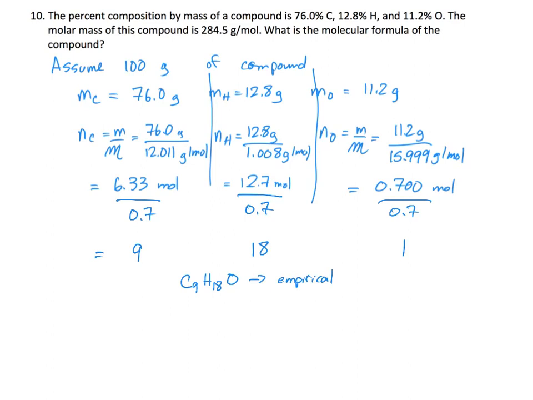But from the empirical formula, we can tell what the molecular formula will be using the molar mass that's stated in the compound. So to do this, we calculate the molar mass of the empirical formula by adding up 9 carbons, 18 hydrogens, and 1 oxygen, and that gives a molar mass of the empirical formula of 142.242 grams per mole.